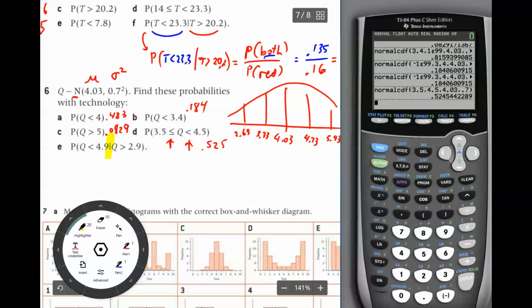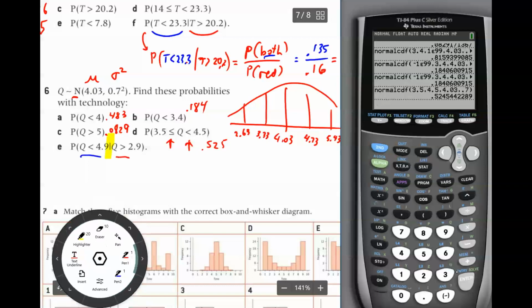Last of all, again with the conditional probability. So remember, what we're going to do is treat this as the numerator and this as the denominator. So first of all, we're going to have the probability that Q is less than 4.9 given that Q is greater than 2.9. What does greater than 2.9 mean?